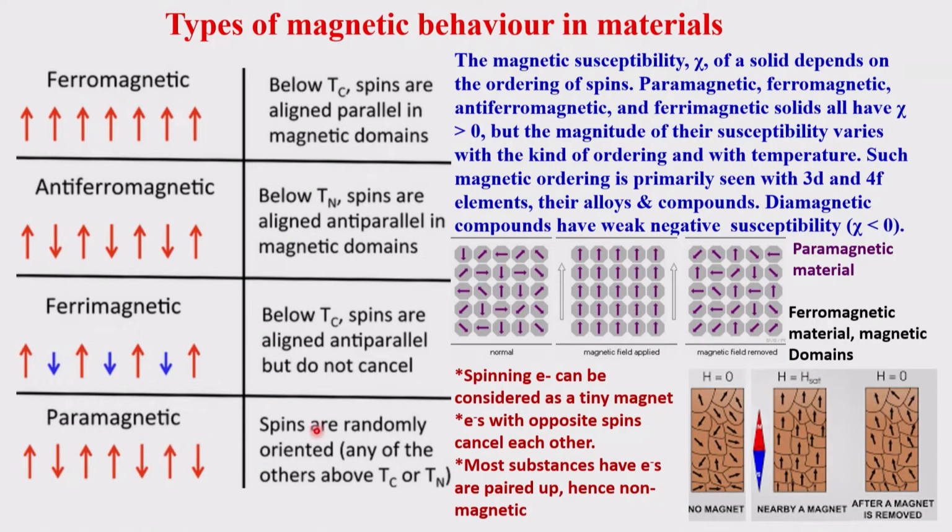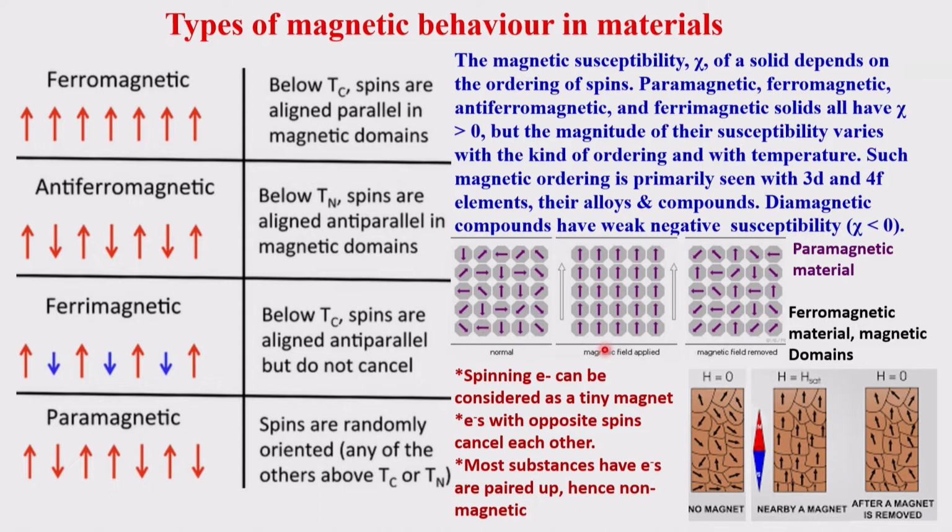As I mentioned, paramagnetic you can see in terms of the pictorial, let us say in a compound in a normal state. You have the spins in different directions. Kindly look at the slide please. Here you can see all the spins are in random orientations.